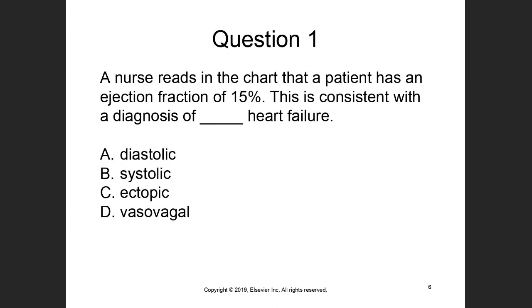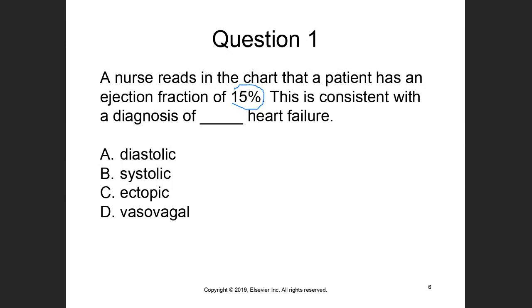And we have question number 1. A nurse reads in the chart that the patient has an ejection fraction of 15. This is consistent with a diagnosis of, then you have to know if it is systolic or diastolic heart failure.